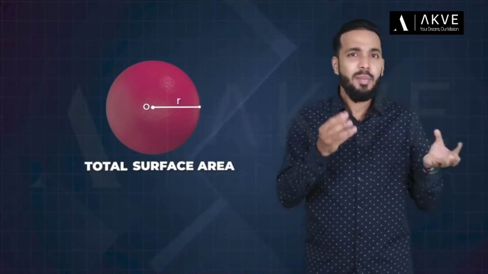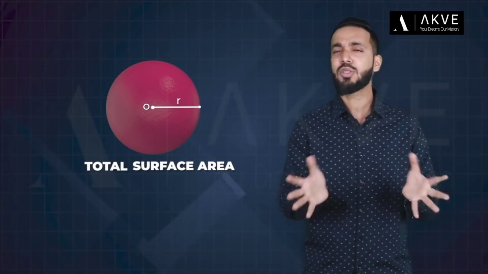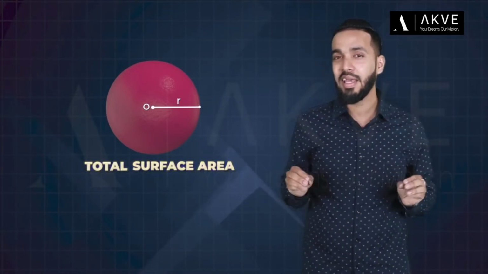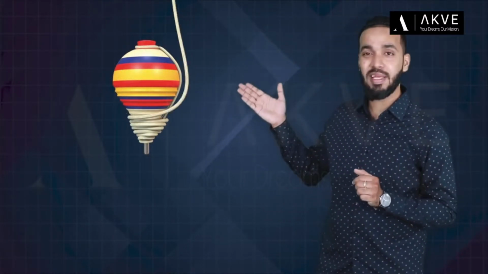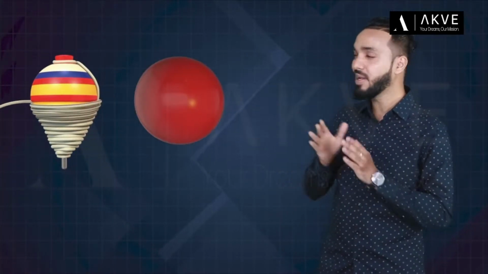For now, we can perform a simple experiment which is sort of a workaround for finding the surface area of a sphere. Ever seen someone play with the top? You must have seen them winding the string around the top something like this. Now, we need to do the same with a sphere.